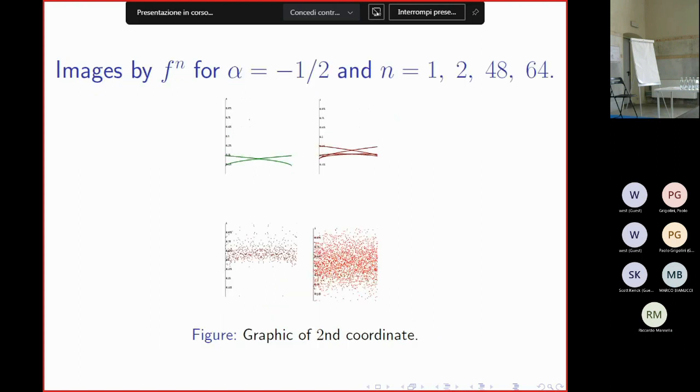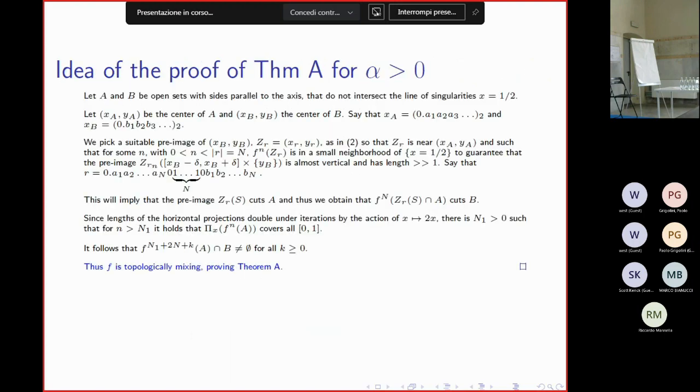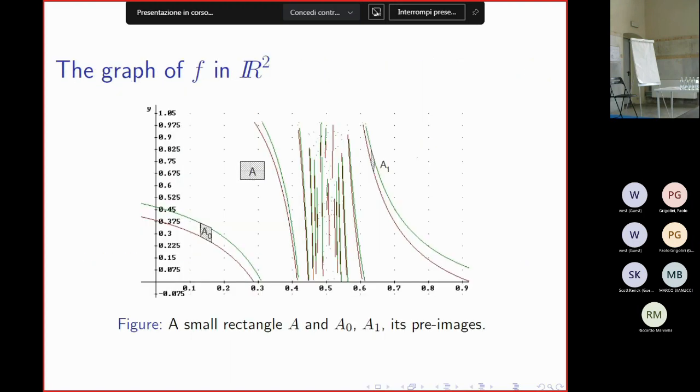And the images of Fn for alpha equal to these values, and the successive n, are like that. This is the graphic of the second n coordinate that indicates that you really have mixing. But no, I'll not prove this.